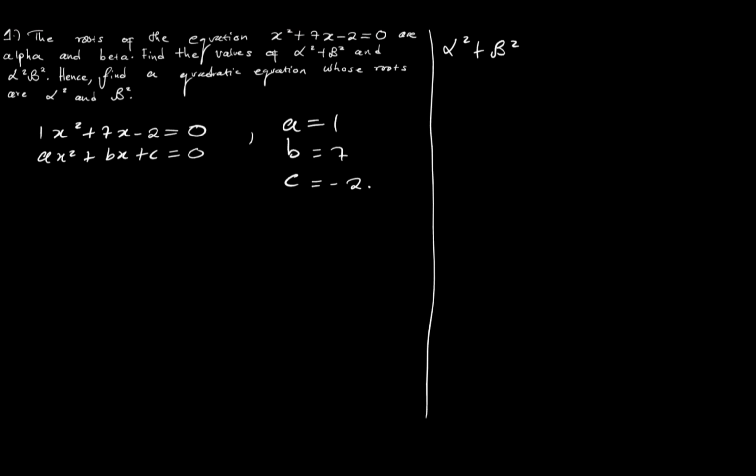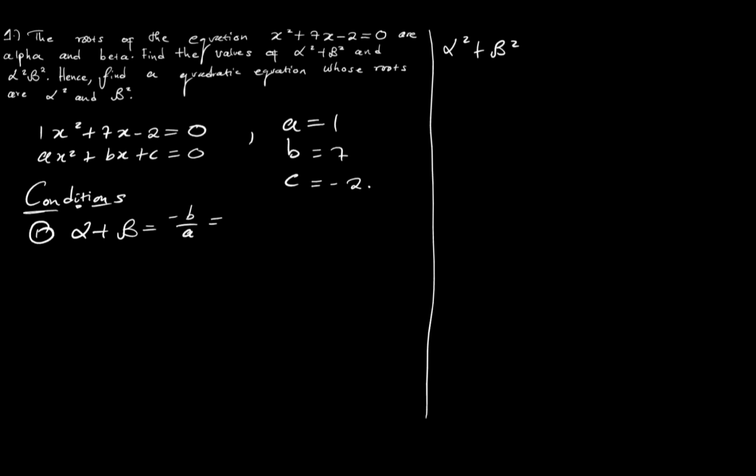With this in mind, we can also apply the conditions of alpha and beta. Now, the conditions we have are as follows. Forgive my handwriting. It's a bit romantic at times. Firstly, alpha plus beta should give us minus b over a.